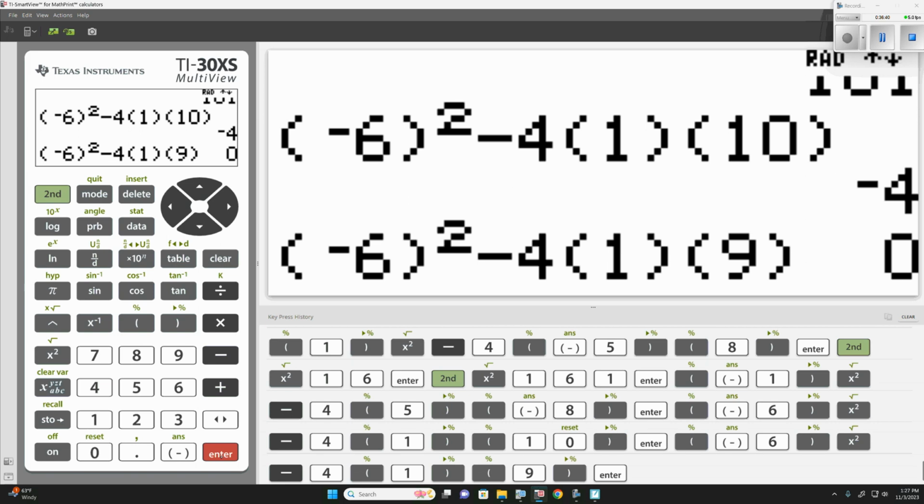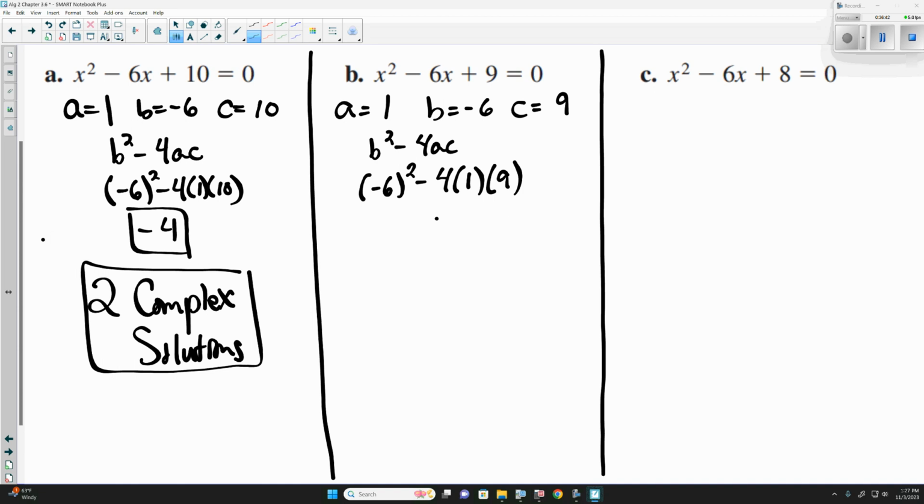If it's equal to 0, we will have one real solution.